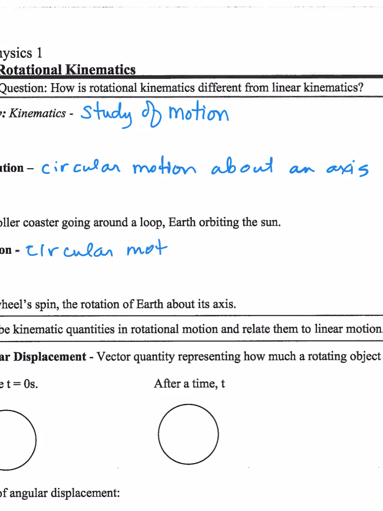Circular motion about an axis. But I said there was a difference between the two. Look at the examples of them and see if you can tell me what the difference is. For revolution, your examples are a roller coaster going around a loop, the Earth orbiting the sun, whereas for rotation, it would be a wheel spin, the rotation of the Earth about its own axis.